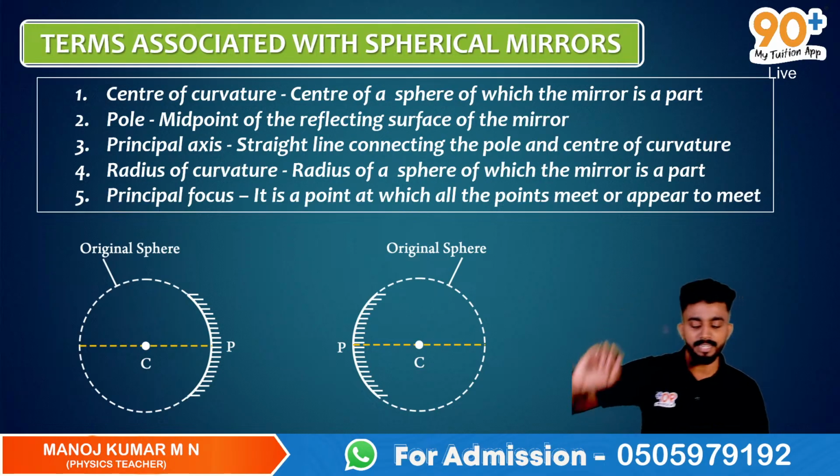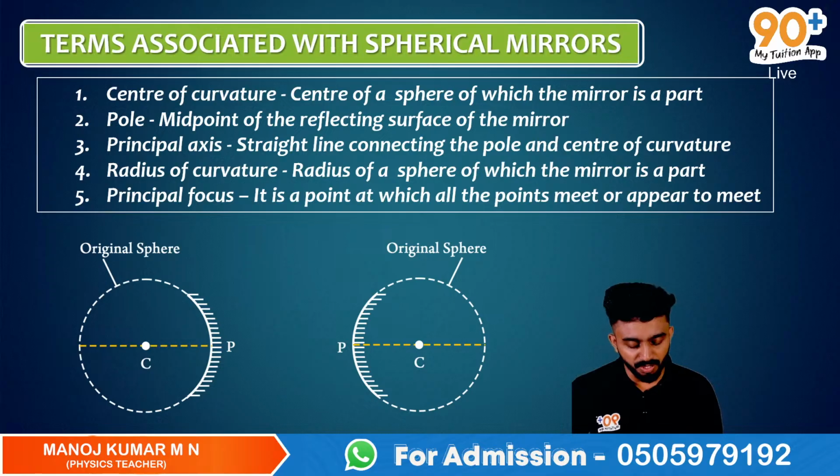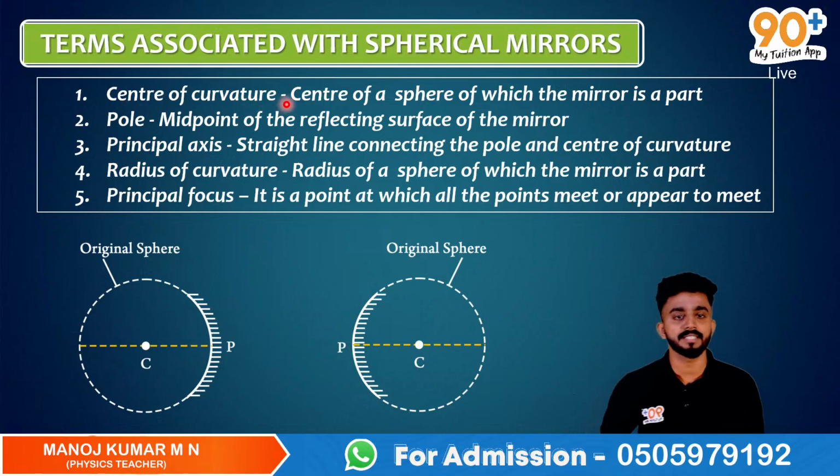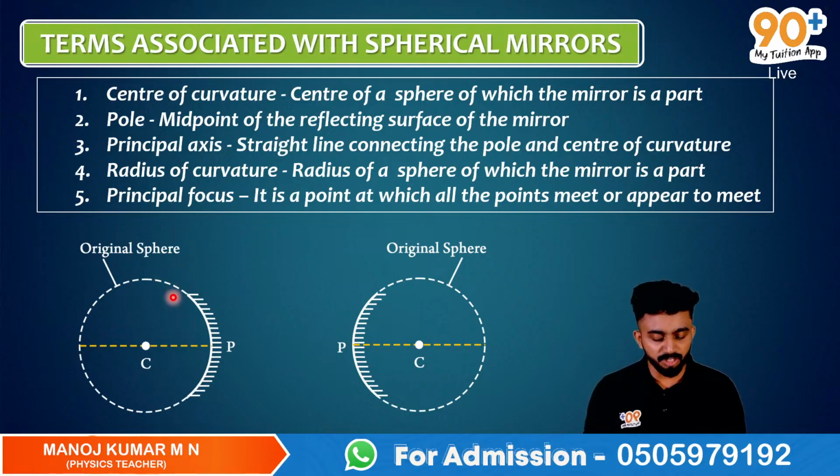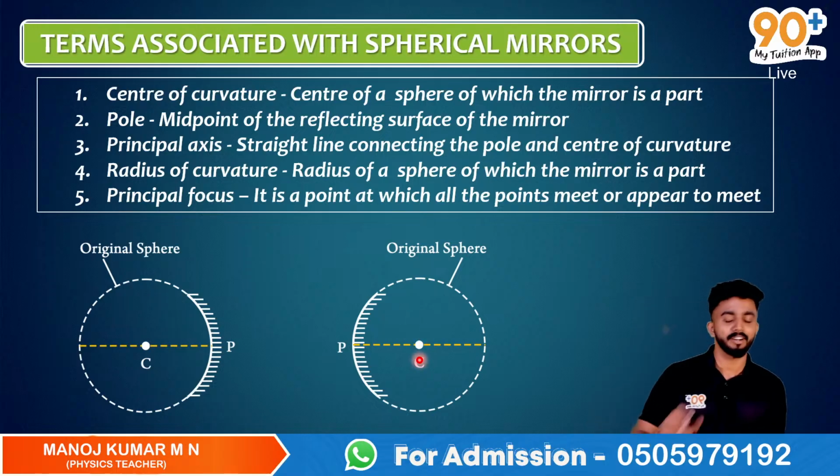So the first one is none other than the center of curvature. When it comes to the center of curvature, it's the center of a sphere. Whenever we are considering a mirror, it's actually the center of a sphere, right? In the case of a lens also, it'll be the same. Since it's reflection, we'll consider only the mirror.